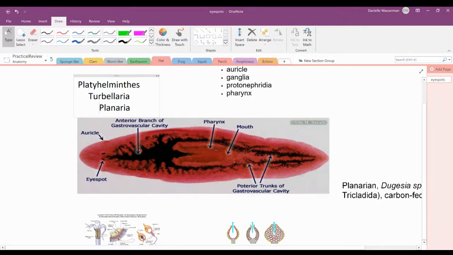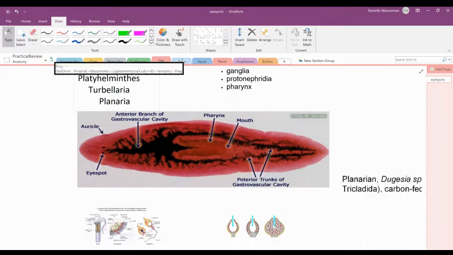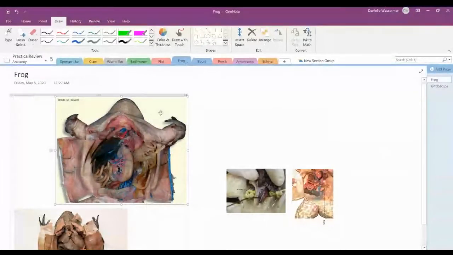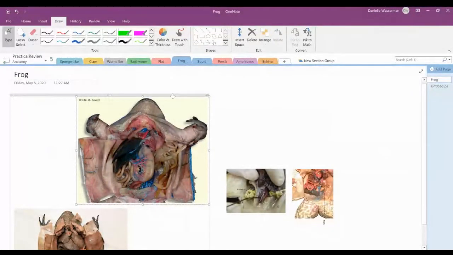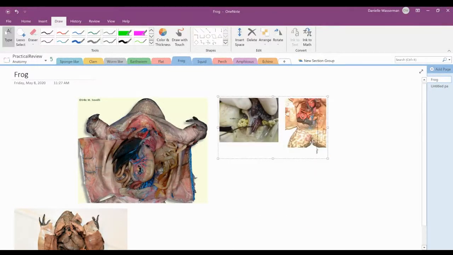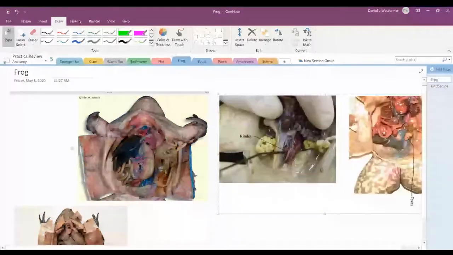Okay, so I'm going to talk about the frog for a little while, which should be pretty fresh because it was yesterday. And I'll let you have a look before I speak.